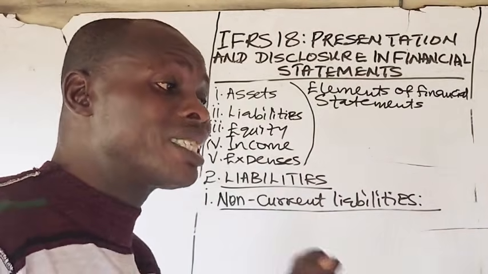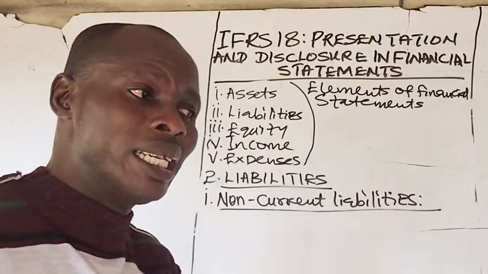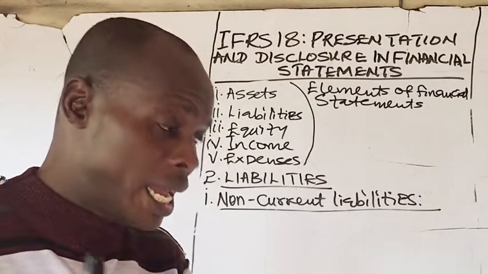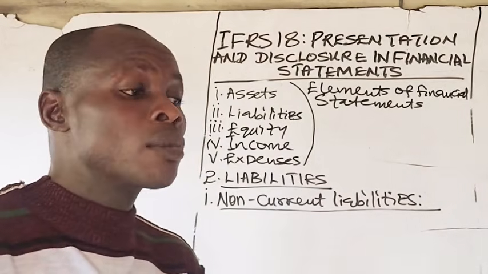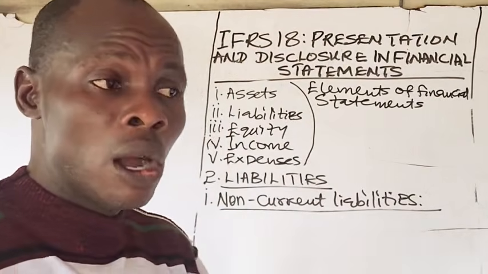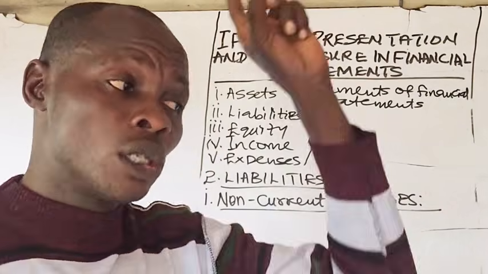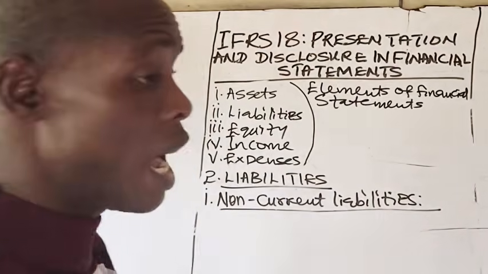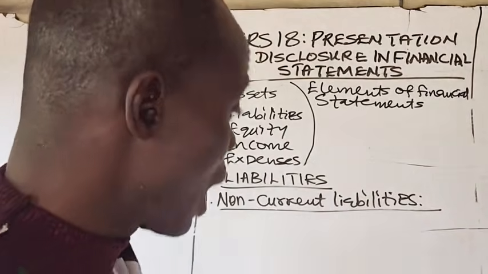Therefore, non-current liabilities are those obligations due for settlement within a period which is more than 12 months after the reporting year end. Those obligations that cannot be settled within 12 months, we refer to them as non-current liabilities.